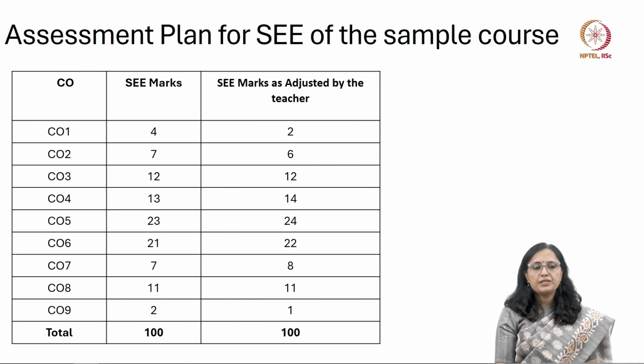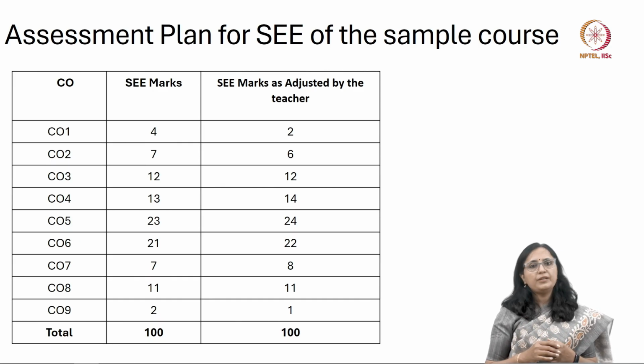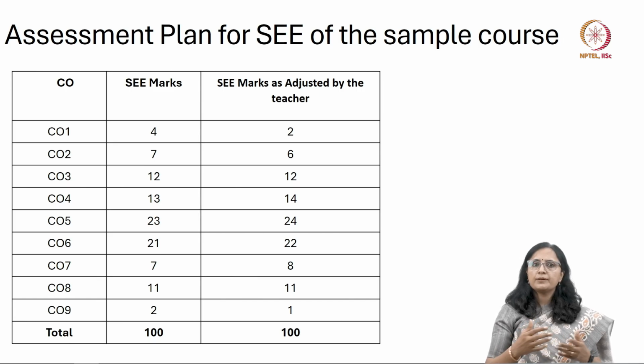For example, if CO1 was earlier 4 marks and now you have decided to have 2 marks, this range is fine. One or 2 marks less or more is fine, but no drastic changes need to be done. These adjustments are generally done based on the kind of questions you would like to select or the kind of question paper that you would like to design as a whole.